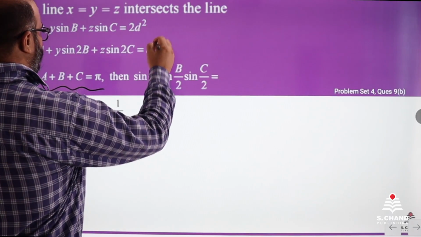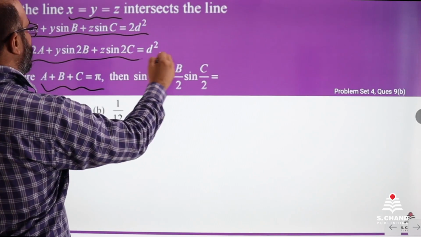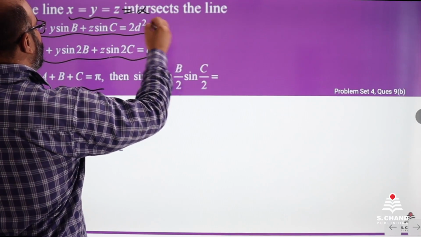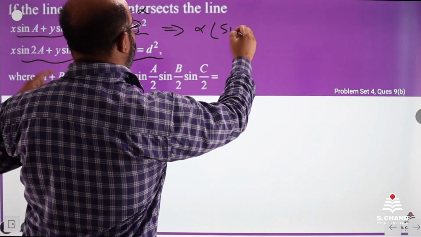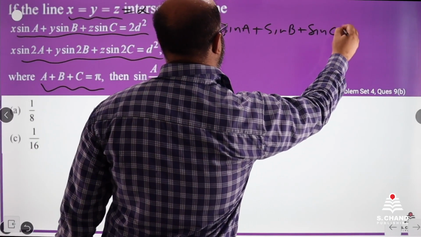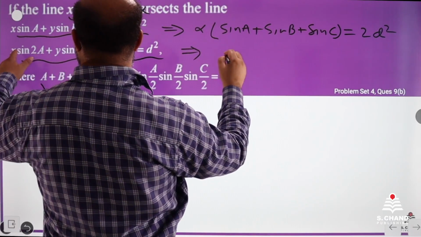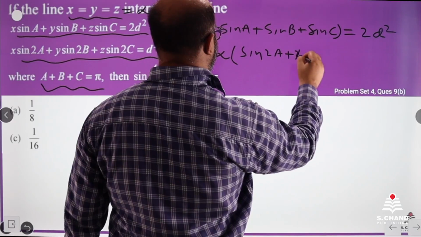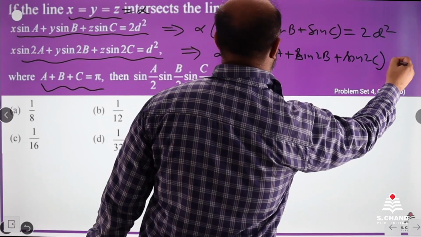So first of all, since this line intersects this line, which is actually in the form of planes, we can say that suppose they are equal to alpha, so x, y, z are all alpha. You can take alpha common: sin A plus sin B plus sin C is equal to 2b square. And here if you take alpha common, then sin 2A plus sin 2B plus sin 2C is equal to b square.